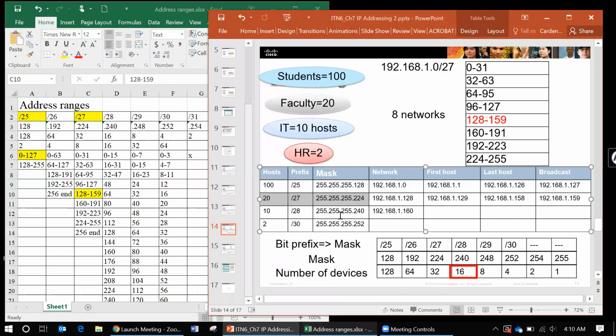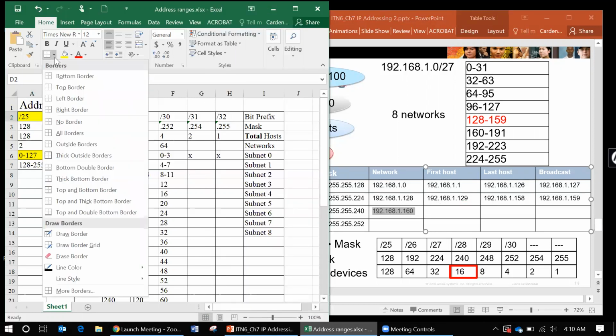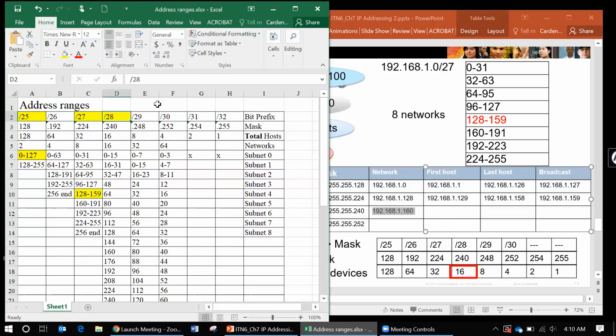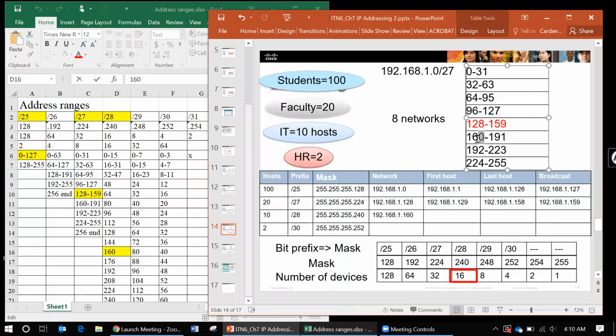We know that we have a /28, and we're going to start with 160. So if we go to /28, which one starts with 160? This one here. I just haven't completed the range. Remember, where one ends, the next one begins. So this one ended at 159, so this one starts at 160.